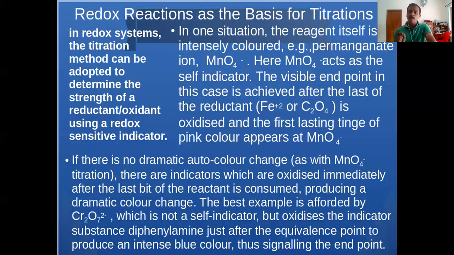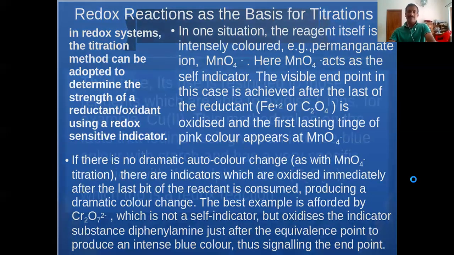If the endpoint is not clear, in such cases, we can use an external indicator, and here diphenylamine is the indicator. When all the Fe2+ is converted to Fe3+, the next drop of dichromate imparts a blue color to the diphenylamine. Thus, we can identify the endpoint.